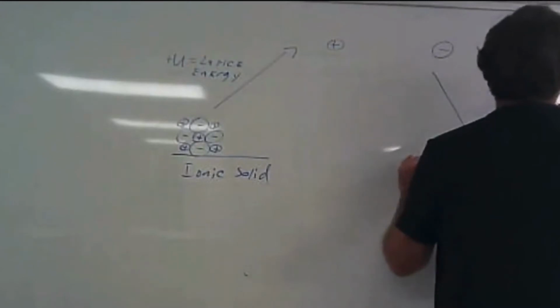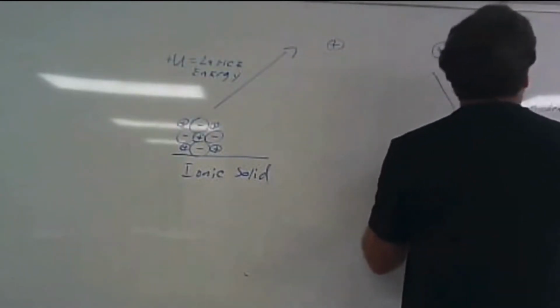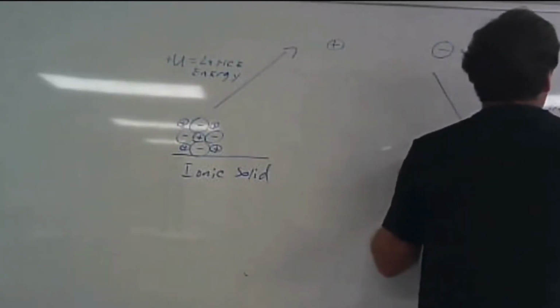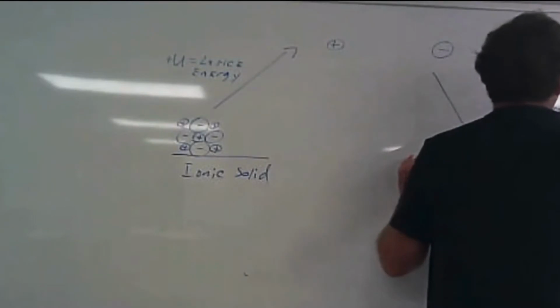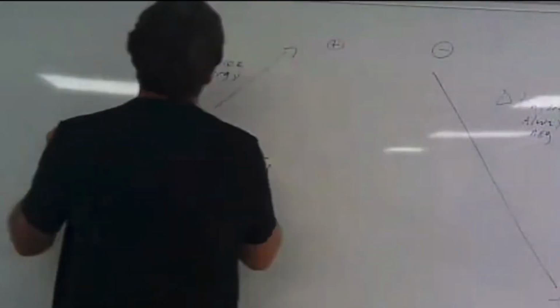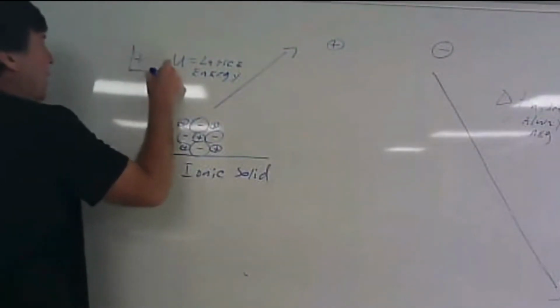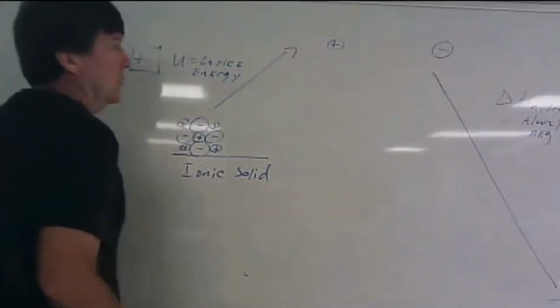So this is the delta H of hydration. This delta H of hydration is always negative. This is always positive, as we said. So let's just emphasize that. Always positive, always negative.